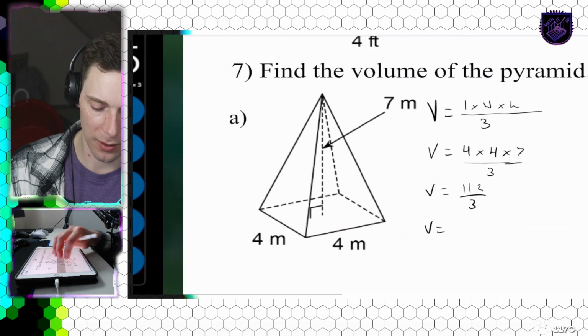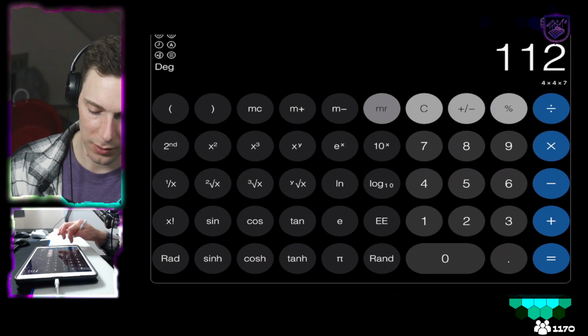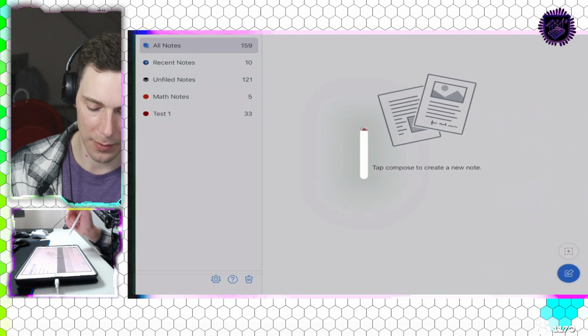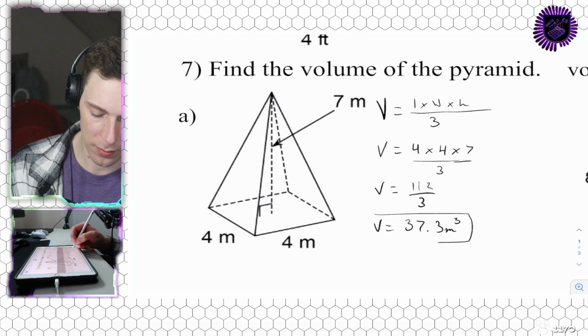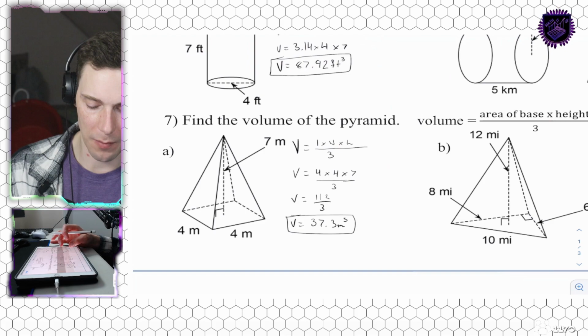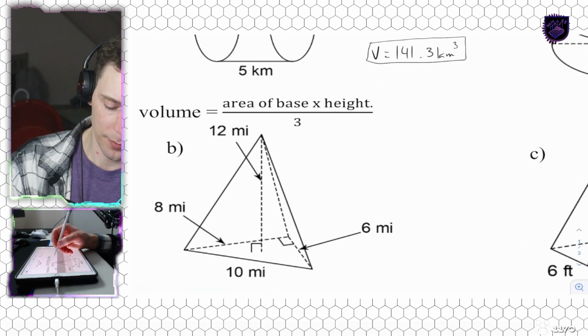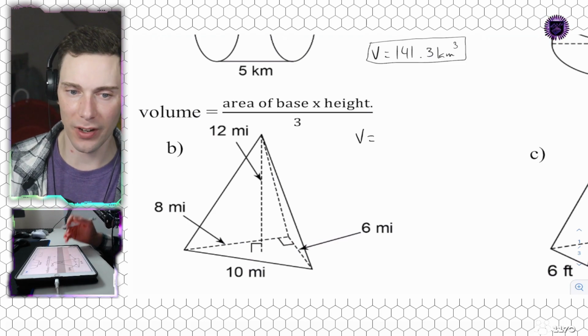There's a decimal in there. All right, let's go. 4 times 4 times 7 equals 112. Divided by 3 equals 37.3. Volume is equal to 37.3 meters cubed. Okay. So the volume will be equal to the area of the base times the height divided by 3.